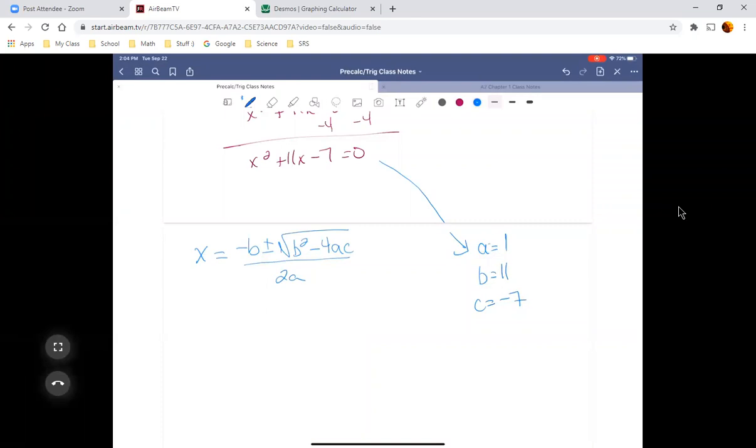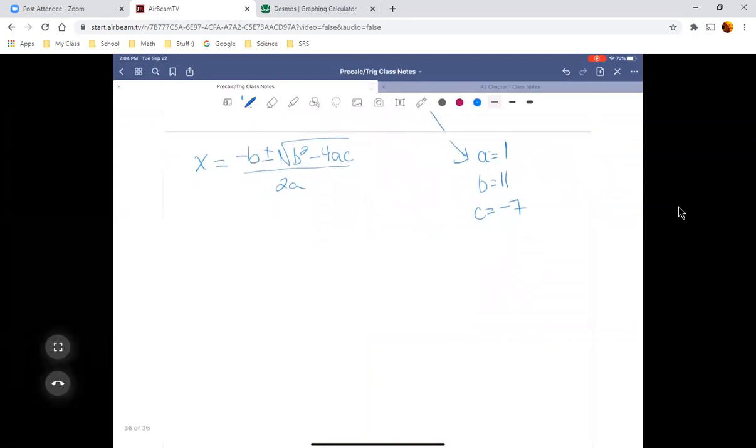All right, you guys ready? Did you guys figure this all out? Yeah. All right, so x equals negative b, negative 11 plus or minus the square root.